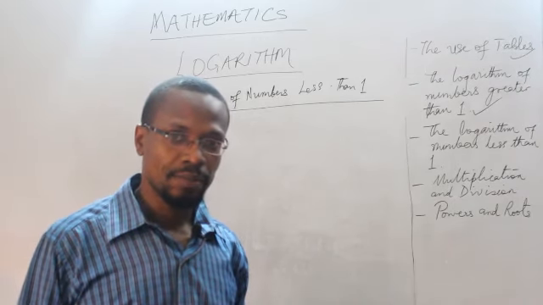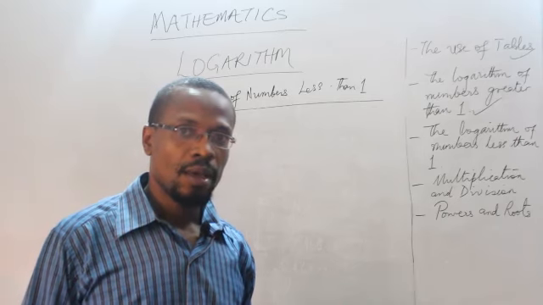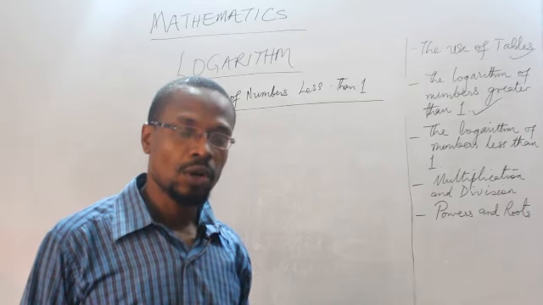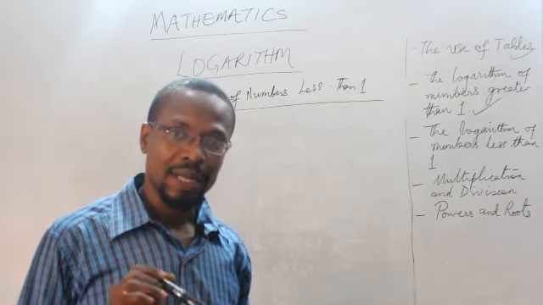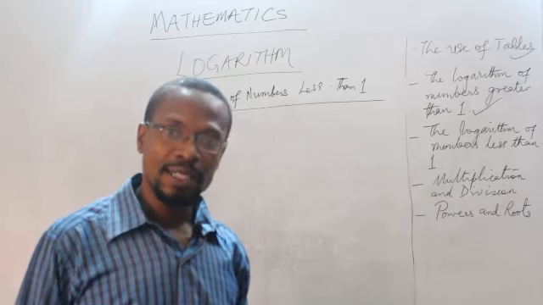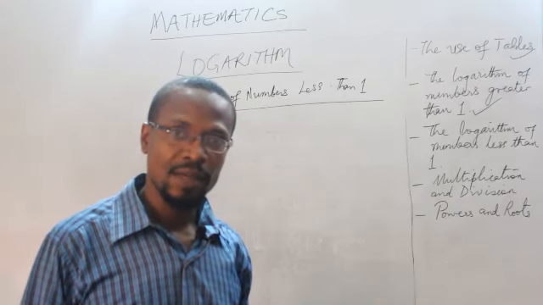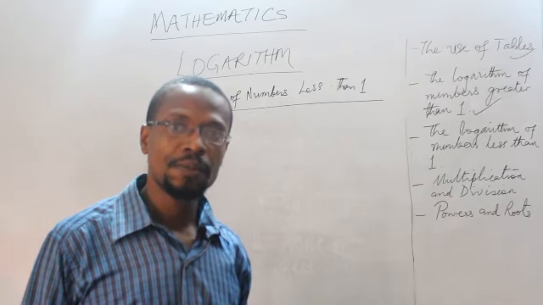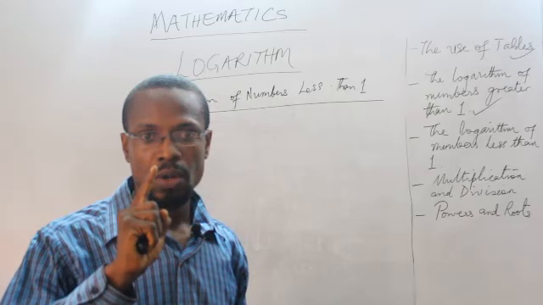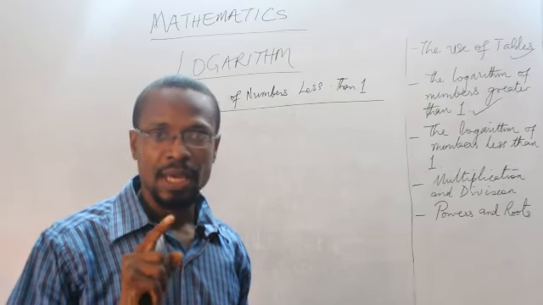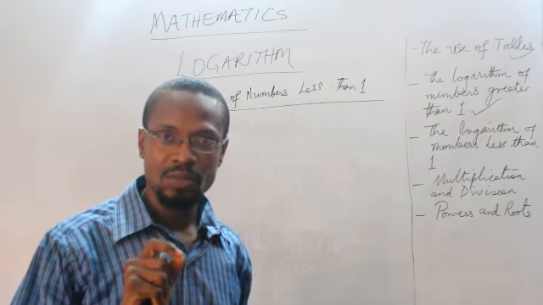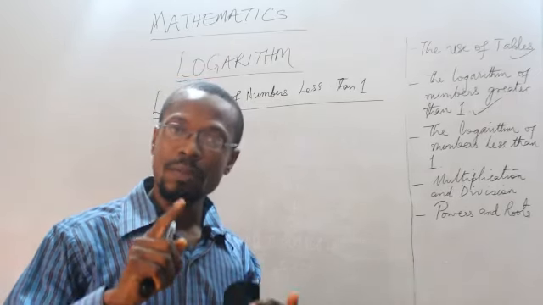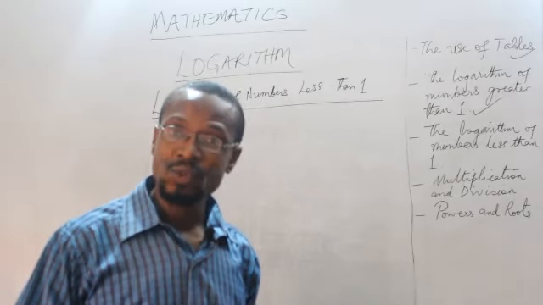Remember that in logarithm, when you write the characteristic of the logarithm of a particular number, if the number is 4 digits, the characteristic becomes 3.